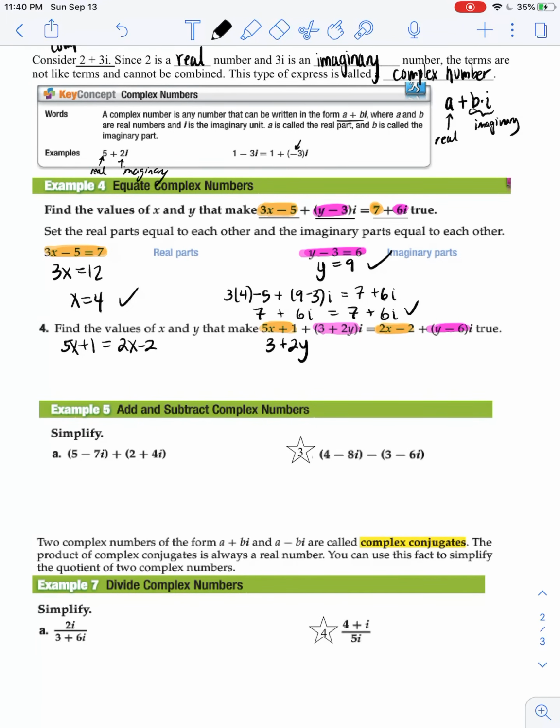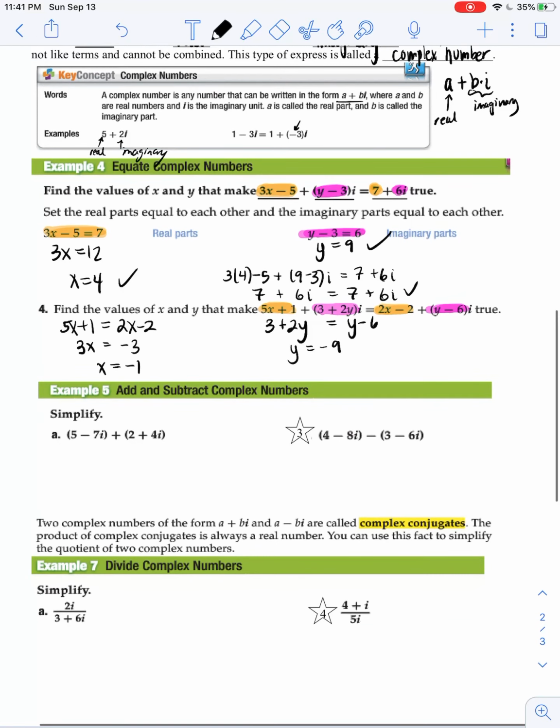And then for the imaginary terms, we have 3 plus 2y equals y minus 6. So I'm going to subtract 2x from both sides, subtract 1 from both sides. We get x equals negative 1. And then over here, subtract y from both sides, subtract 3 from both sides. So y is negative 9. And again, you could plug those in to make sure that they work. If that helps you out to check it, go for it, but you don't have to.